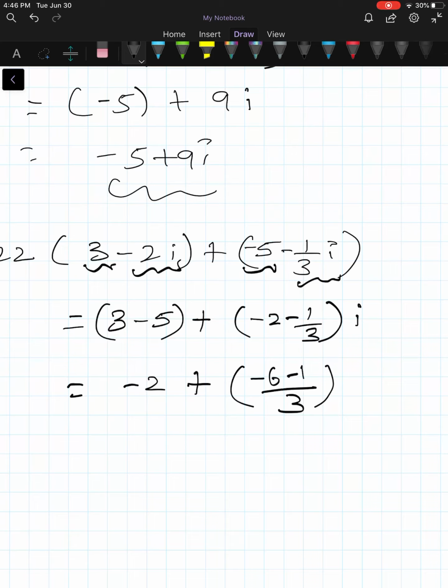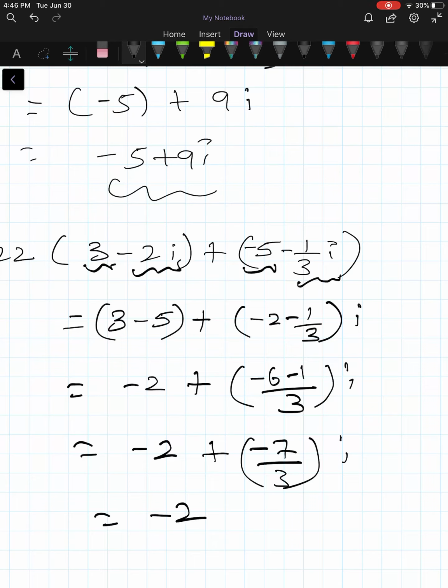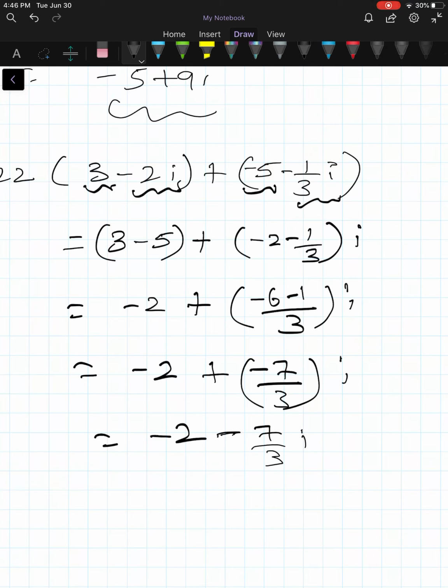So this would be -6 minus 1 times i. So we will get the answer to be -7/3 i. So writing it further, plus into minus is minus, so -7/3 i. So this is the solution.